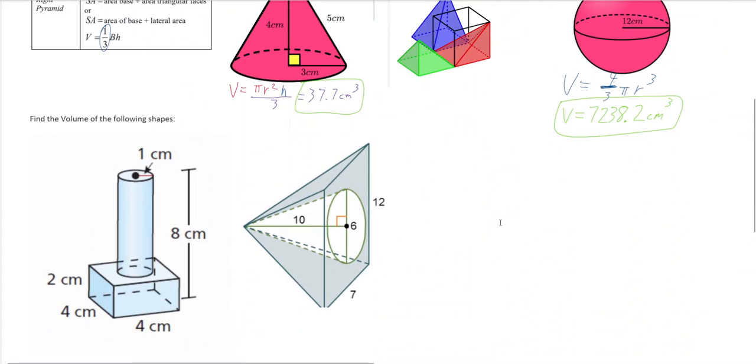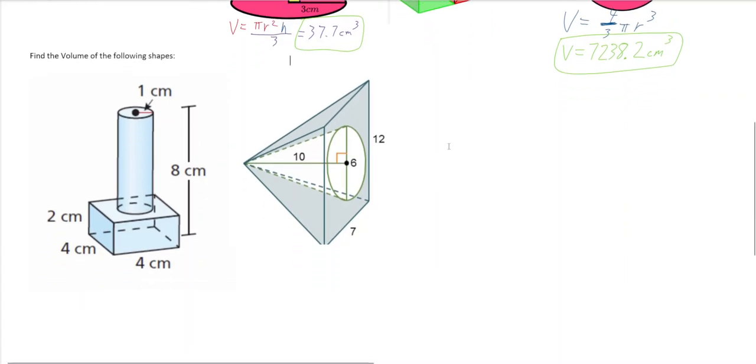So here they are. Go ahead and try to find the volume of these composite shapes. Okay, hopefully you paused the video and you tried them out yourself. Now you can press play and compare. Okay, so this first one has 2 different volumes. It has the volume of the cylinder, right?